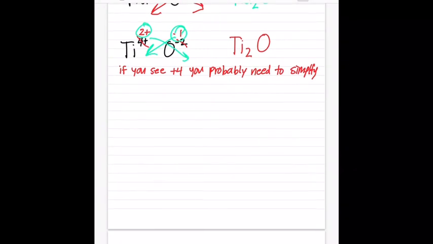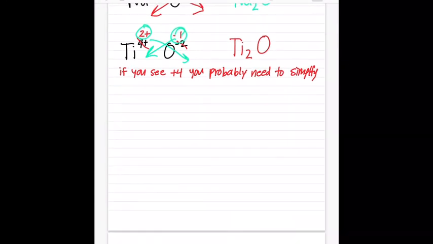Okay, here is a giant rule that I need you to write down, and I'm going to write it real nice and big.